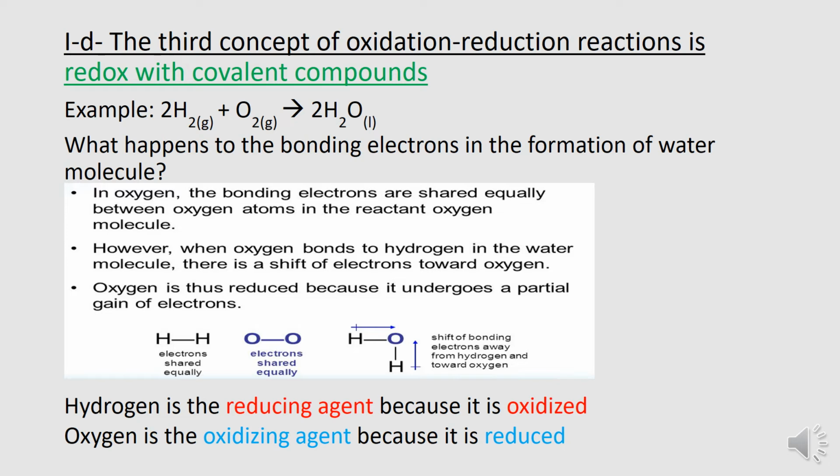So oxygen is thus reduced because it undergoes a partial gaining of electrons. So, hydrogen is the reducing agent because it is oxidized. Oxygen is the oxidizing agent because it is reduced.